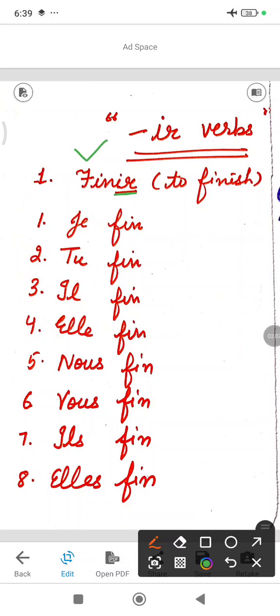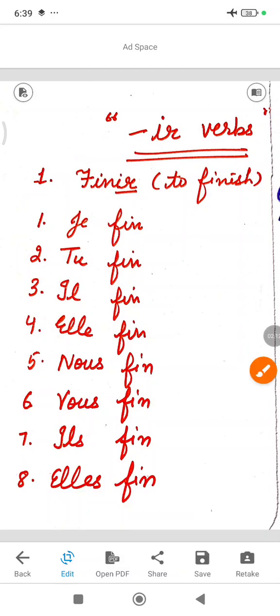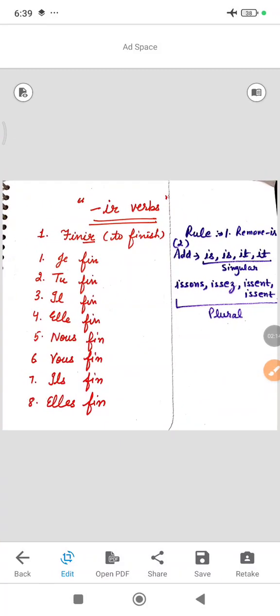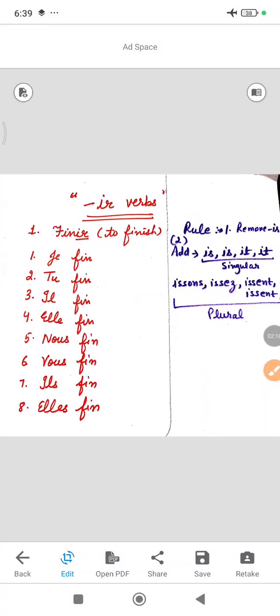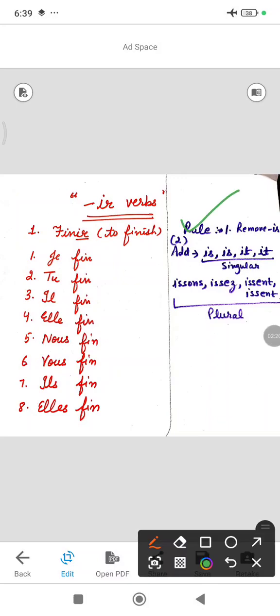Now we have to apply the rule. Now what is the rule? This is the main thing. You have to learn this rule. Rule number 1, remove IR. So we have already done this. So what is left? Fini. Now we have to add IS, IS, IT and IT with the singular pronouns.